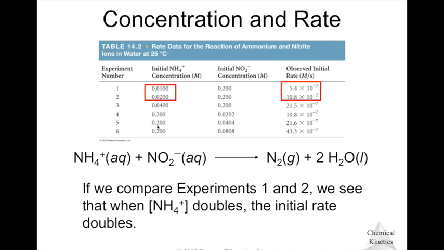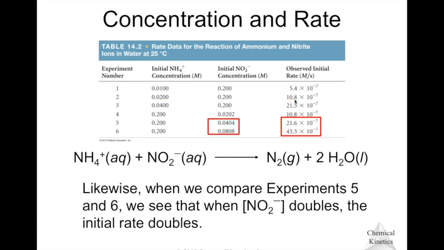So if we were to compare experiments 1 and 2, we see that the concentration of NH4+ doubles, going from 0.01 molar to 0.02 molar, and the initial rate, what does that do? It doubles as well. Similarly, if we look at experiments 5 and 6, these are useful for figuring out something about the NO2-, because any change that's happening here clearly has nothing to do with this, because that didn't change at all.